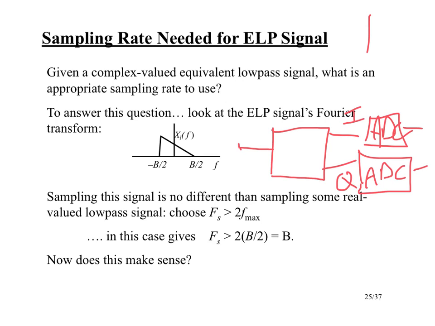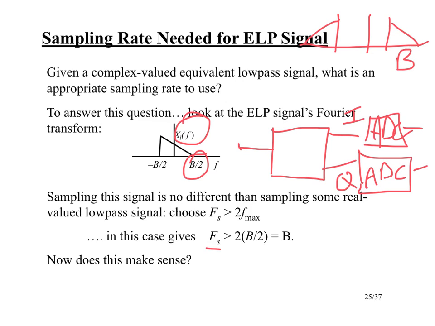If we started with an original RF signal that has a bandwidth of B, when we think about what we get for the low-pass equivalent signal, ignoring the fact that we might not have this exactly centered, but let's assume that we end up with it at least approximately centered, we see that we have a maximum frequency of B over 2, and the standard sampling theorem tells us that we should sample at twice that maximum frequency.